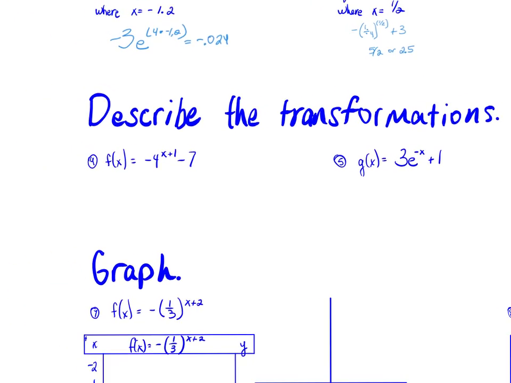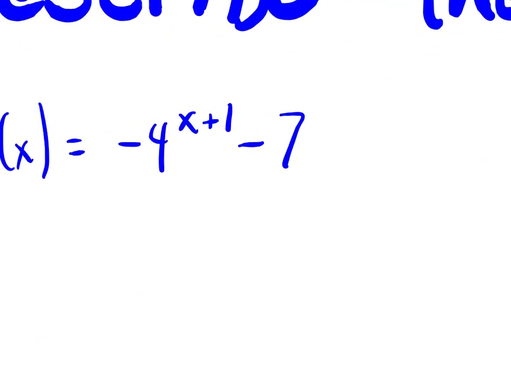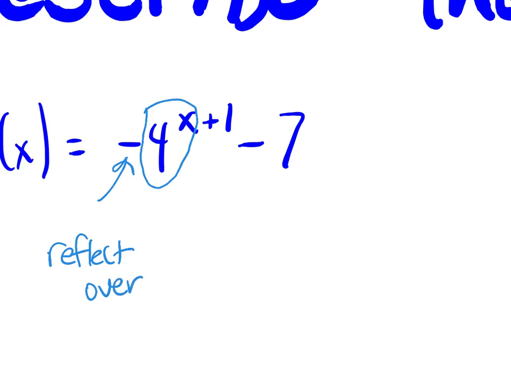All right, when we talk about transformations, this is the exact same thing that we've talked about a million times. Here is my function. This is my base. This is my exponential, okay? So if I have a negative sign out in front, that means it reflects over what? No, you're right. I'm sorry. It reflects over the x-axis. Sorry, I wasn't thinking.